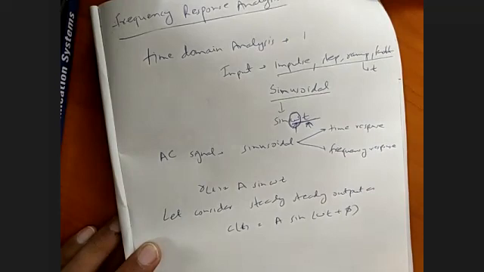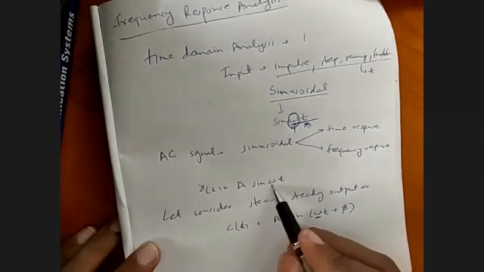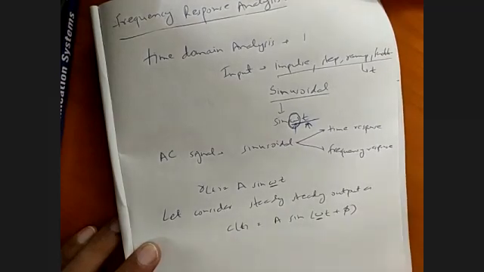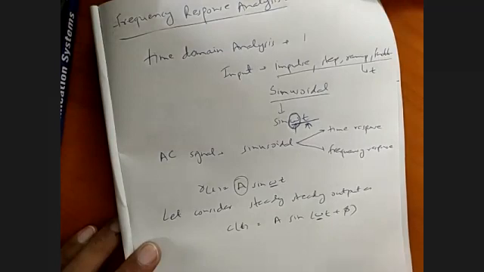In a linear time invariant system, the frequency response is independent of the magnitude and phase of the input signal. So when we are talking about frequency response, we are only focusing on the omega of the system. It does not depend on the magnitude, and it does not depend on the phase angle of the system.